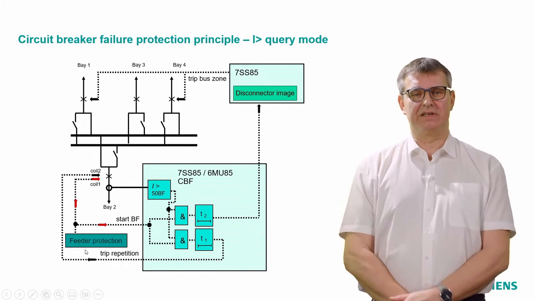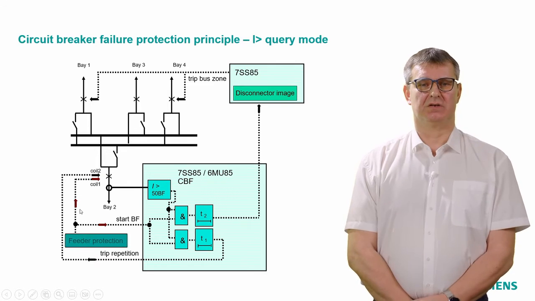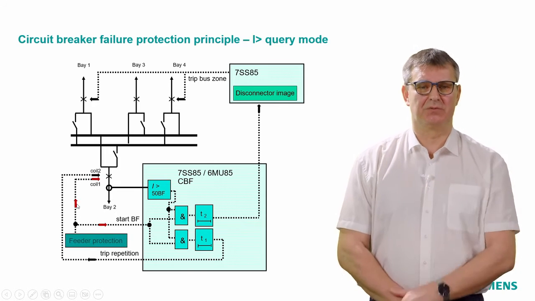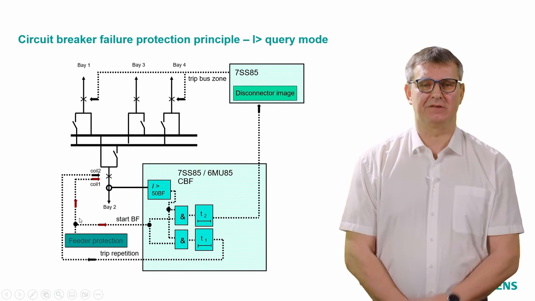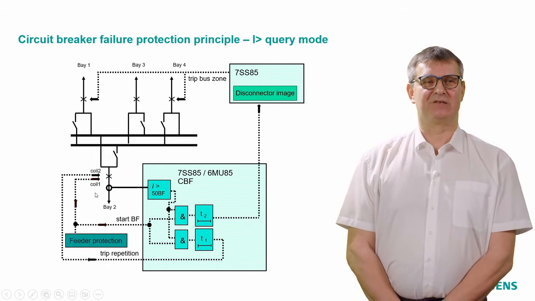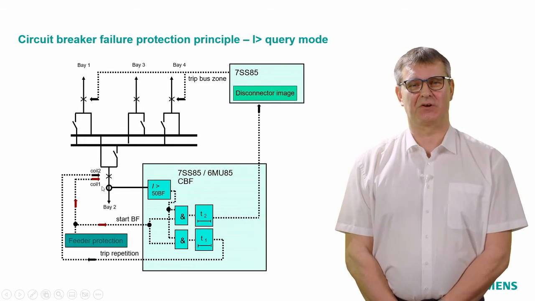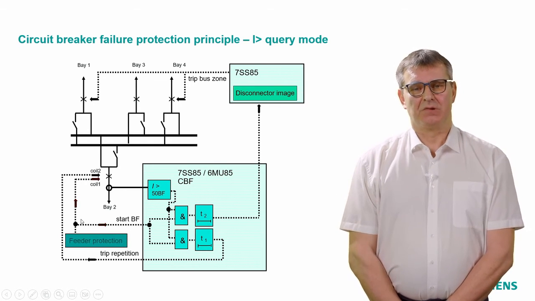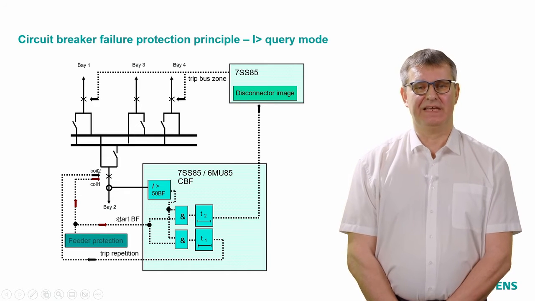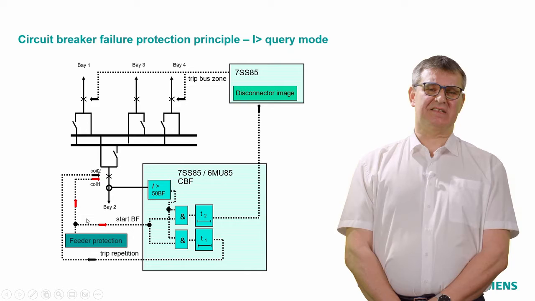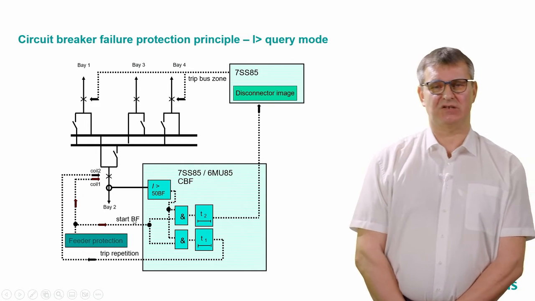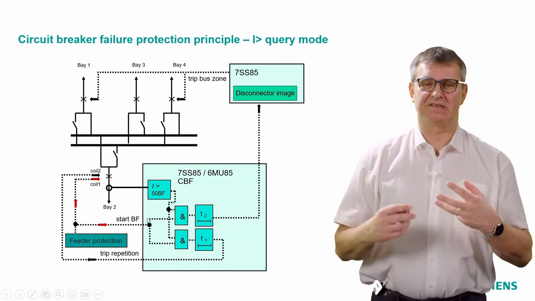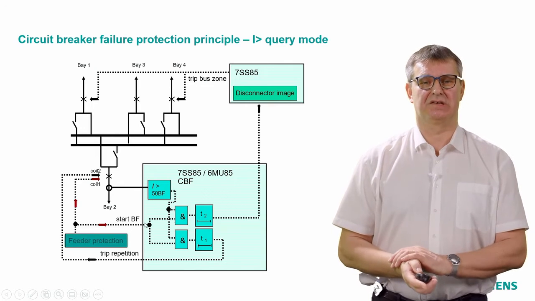And this external device is detecting a fault. It will send a trip signal to coil 1 of the circuit breaker, and in parallel, you see it here with this other red blinking arrow, it will start the circuit breaker failure protection in this circuit breaker protection function in the 7SS85 or in the merging unit of the distributed busbar protection.